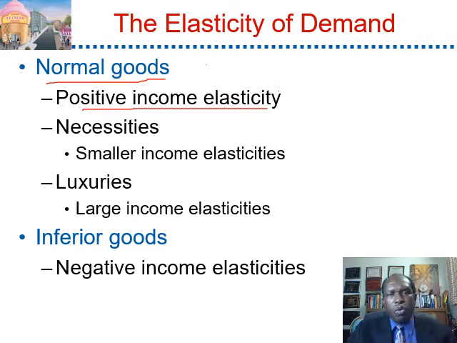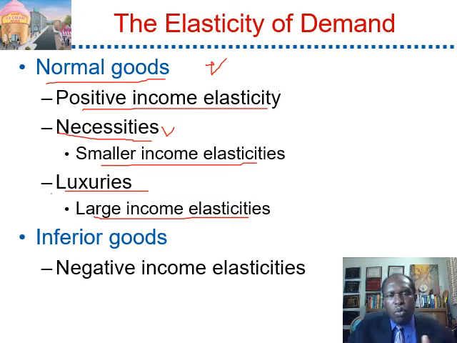Examples of normal goods would be a car or steak. On the other hand, if the value of income elasticity is smaller, then we are dealing with a necessity good. The value of the income elasticity would be between 0 and 1. An example of a necessity would be food. If the value of the income elasticity is larger, then we're dealing with a luxury good.